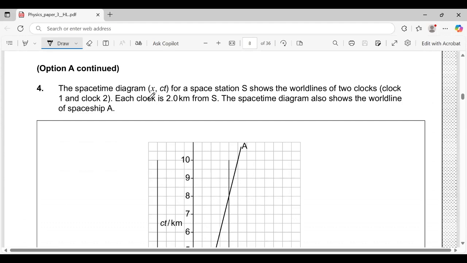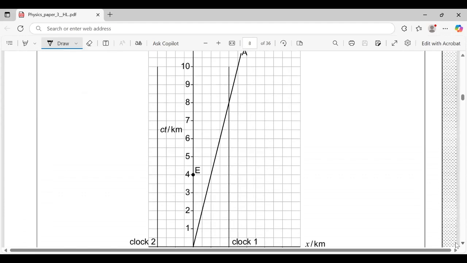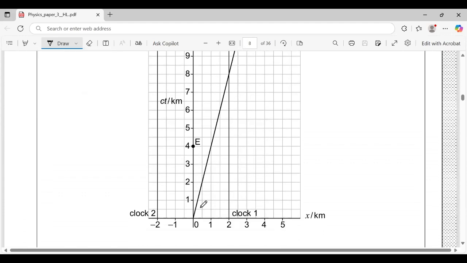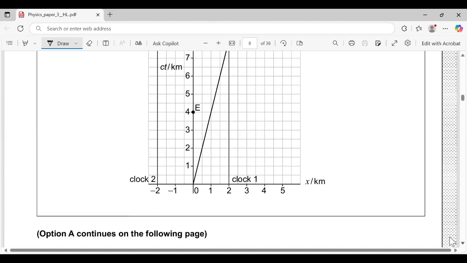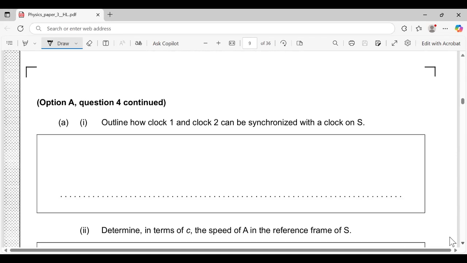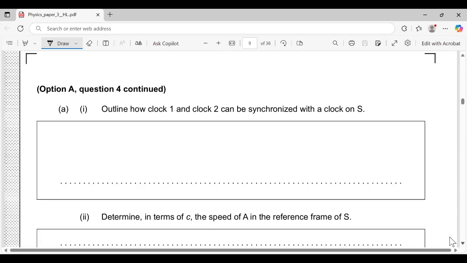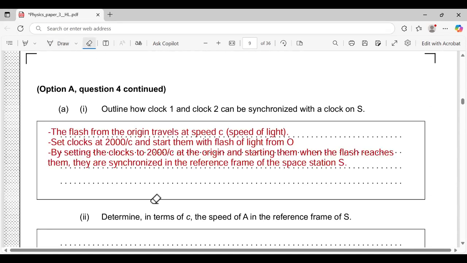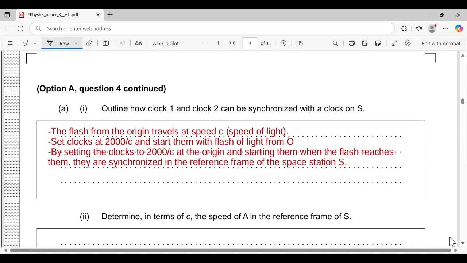Each clock is 2 kilometers from S. The space-time diagram also shows the world line of spaceship A. This is the diagram, and this is the line of spaceship A. Outline how clock 1 and clock 2 can be synchronized with the clock on S. I have provided my answer for this question. Let's continue to the next question.